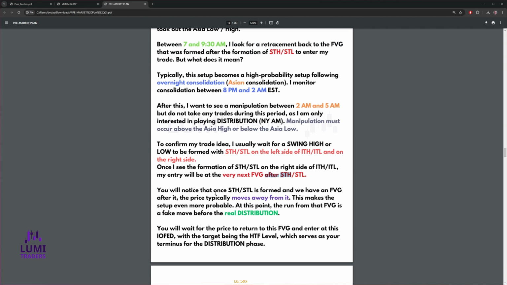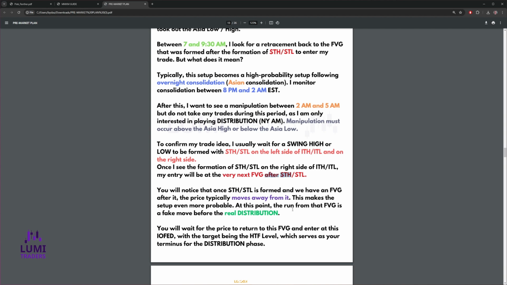You will notice that once the short-term high is formed and we have a fair value gap after it, the price typically moves away from it. What does it mean? We will see that price simply runs away from this fair value gap and maybe it's going to be a measuring gap or breakaway gap, but no. This makes this setup even more probable.